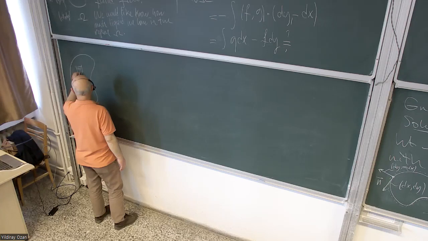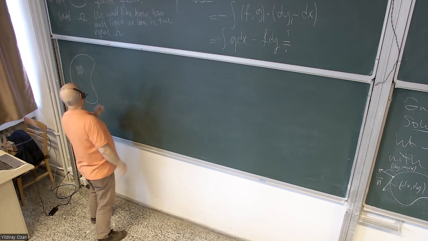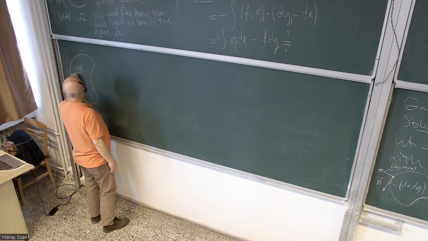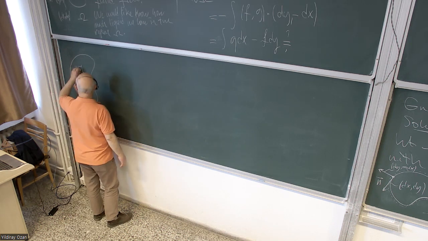Well, I have the velocity of the liquid. Velocity has two components, the x component and the y component. So let's say, okay, maybe I should write the x component, which is f, and the y component, in this direction, g.